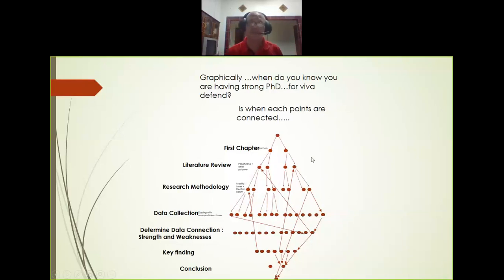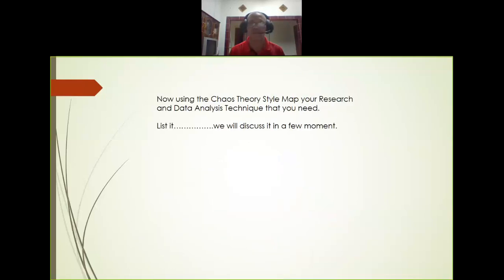And I think if I had been exposed to this formula, it would have been easy for me to do a lot of other things later on. Just like if I know a guy, I get to know another two guys like that. It's so simple. Now, using chaos theory style mapping of your research, you can get to your PhD.